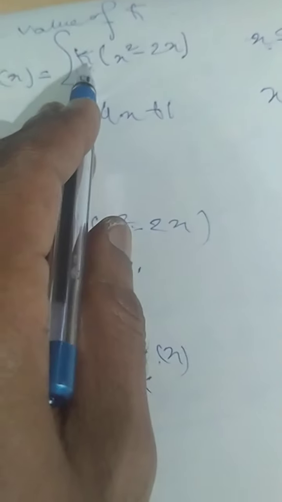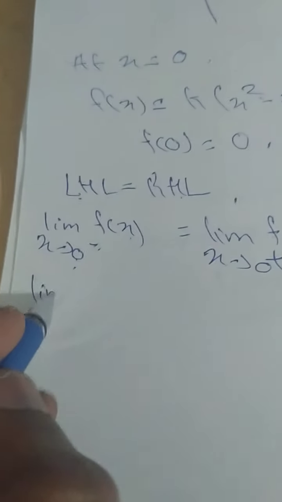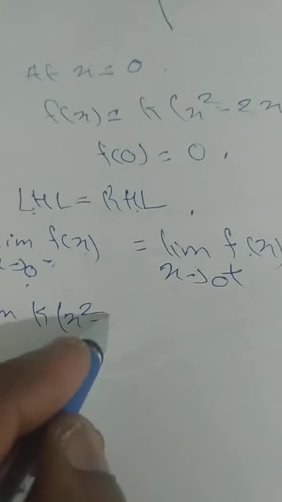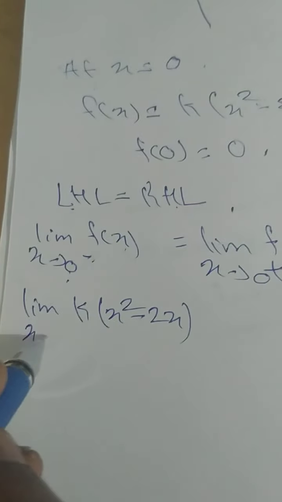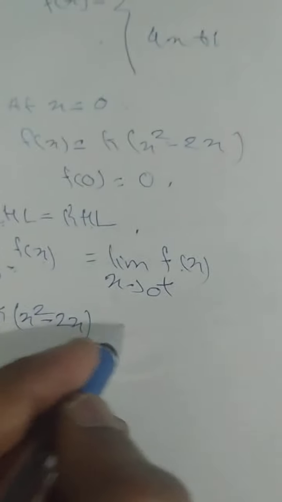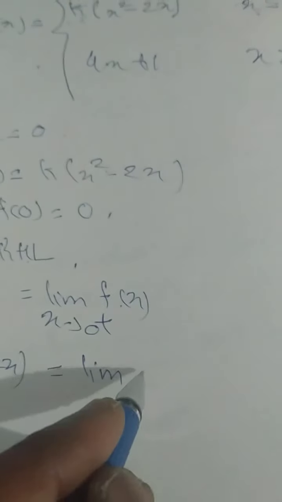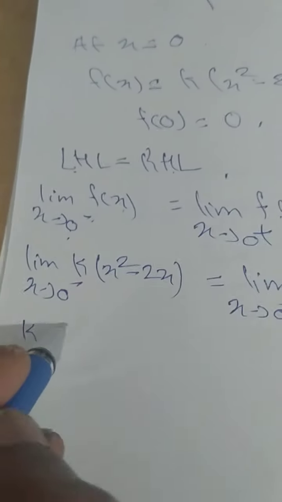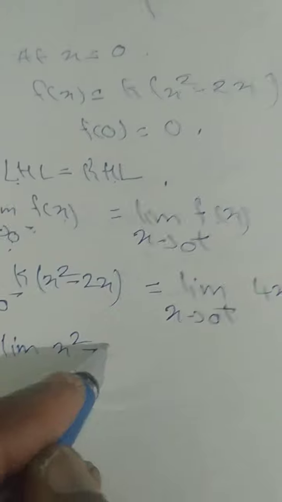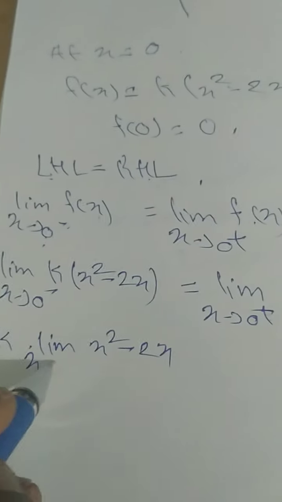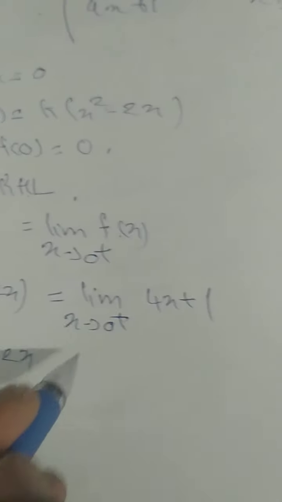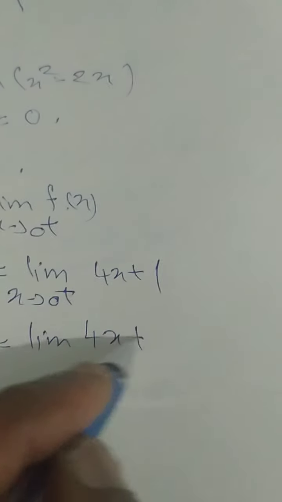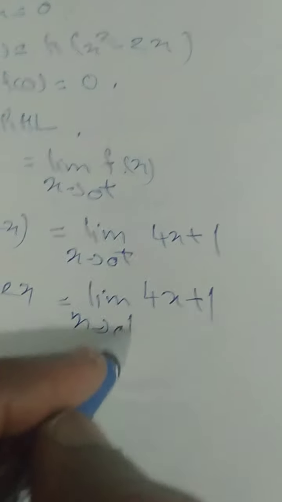For values less than 0, the limit of k into x square minus 2x as x tends to 0 minus will be equal to the limit of 4x plus 1 as x tends to 0 plus. So k is taken out, and it is the limit of x square minus 2x as x tends to 0 minus equal to the limit of 4x plus 1 as x tends to 0 plus.